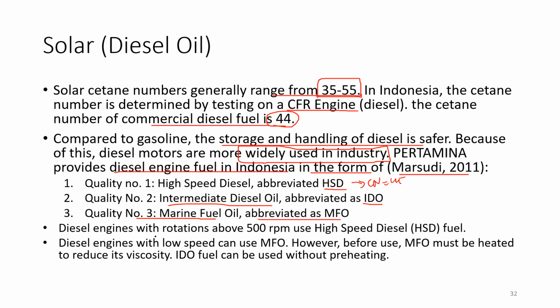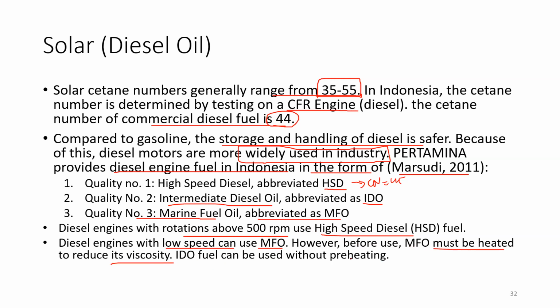Okay, so diesel engines with rotations above 500 RPM are commonly classified as using high-speed diesel fuel. For diesel engines with low speed, we can use the MFO, or marine fuel oil. However, before it can be used, the MFO must be heated to reduce its viscosity.